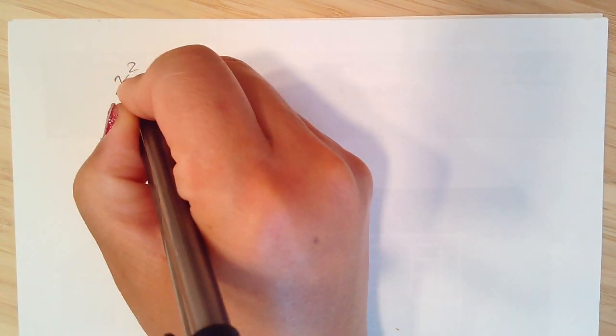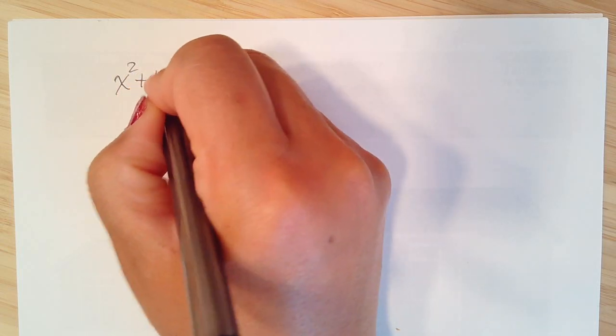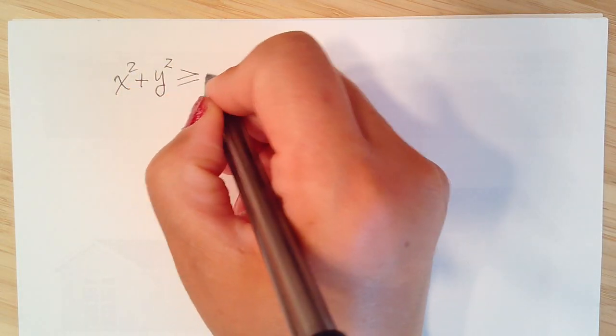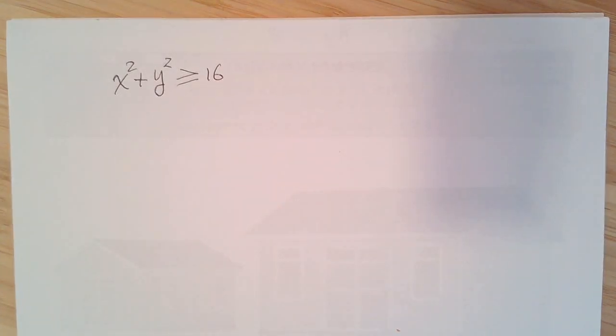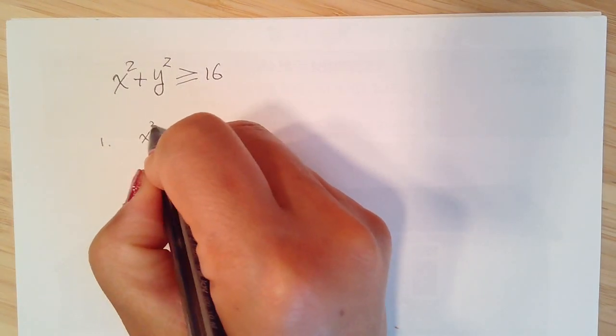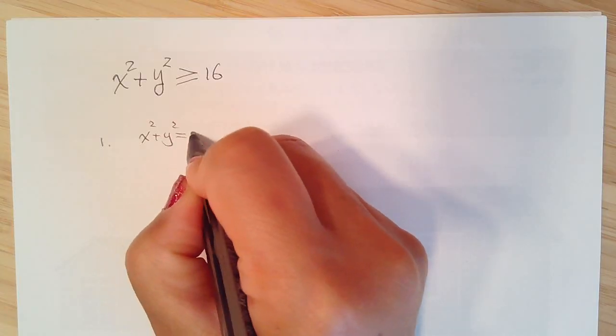Okay. I'm going to graph another one. Can you find the solution region of x squared plus y squared greater than or equal to 16? Do you remember the four steps? Step 1, you're going to do x squared plus y squared equals 16.